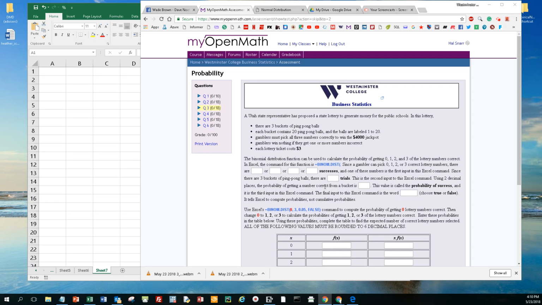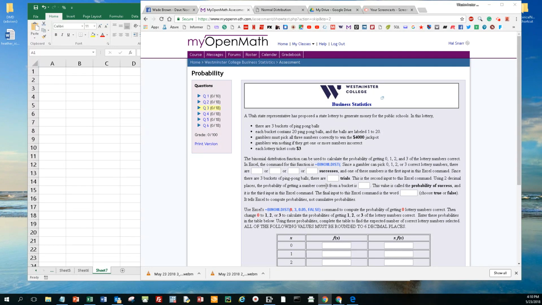In this video, we're going to look at using the binomial distribution to calculate probabilities and the expected value of playing a three bucket lottery. There are 3 buckets of ping pong balls in this example.